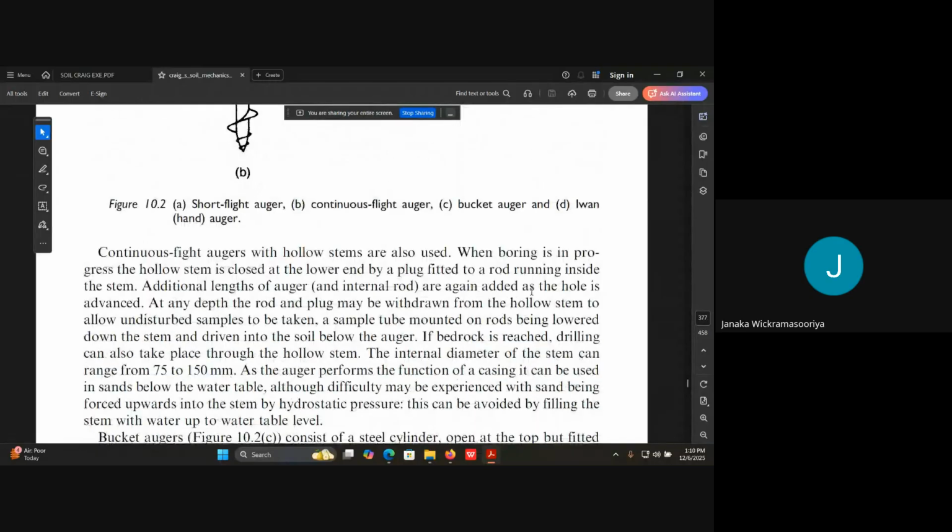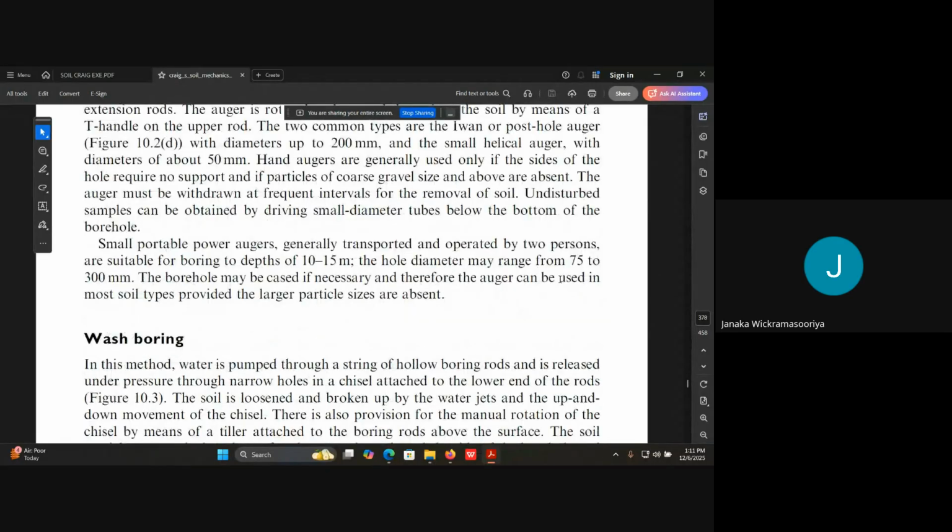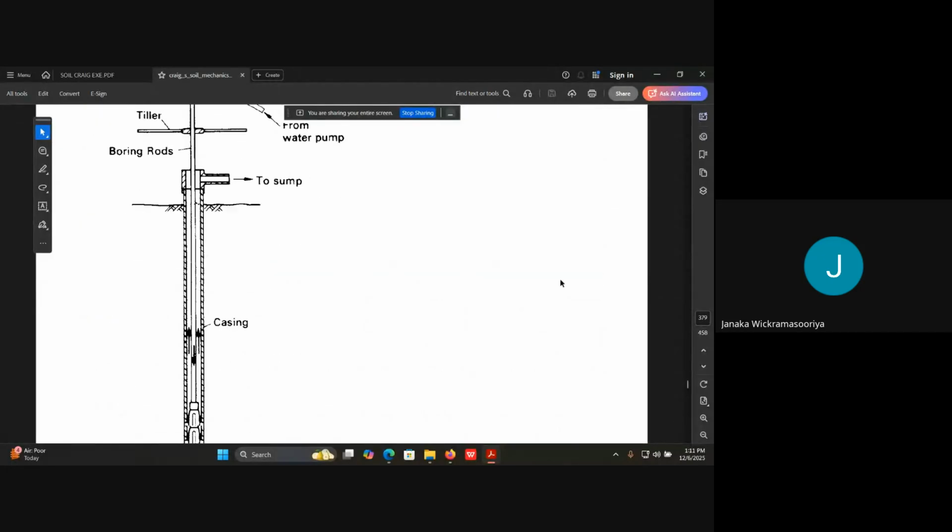You can refer to chapter number 10 here in the Craig Soil Mechanics book.